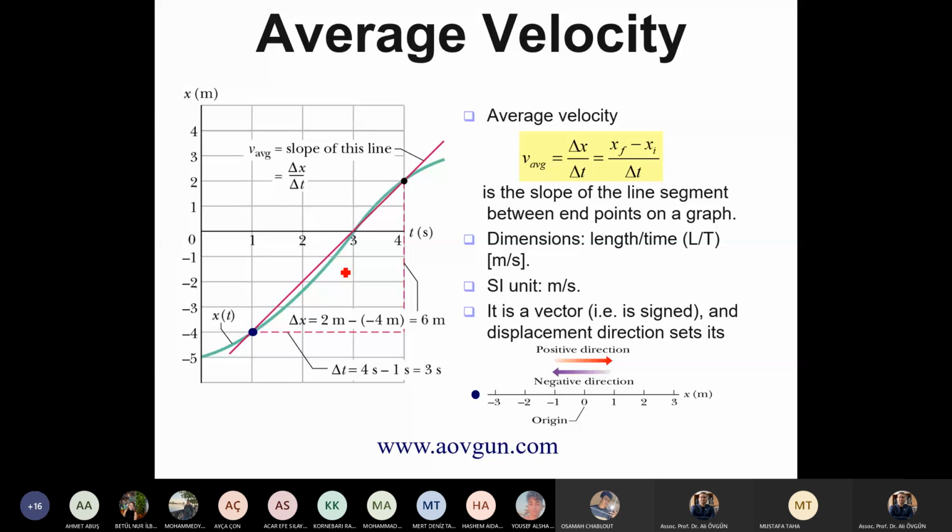And the unit is meter per second, because it is length over time, and it's a vector quantity. And again, if you use the xy coordinate system, right side is positive, left side is negative.